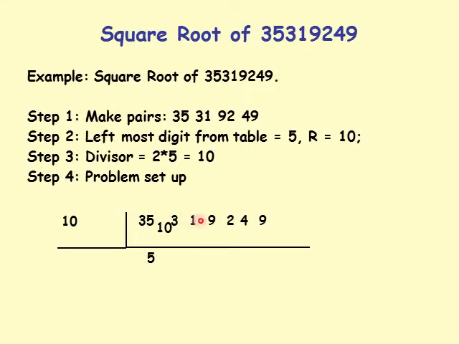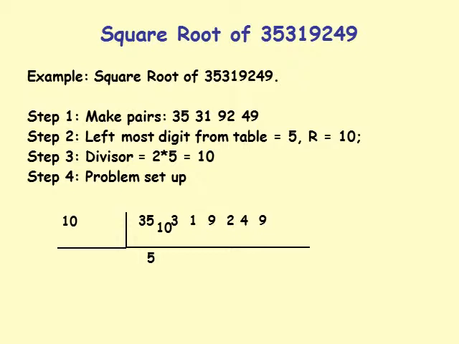Then 3, 1, 9, 2, 4, 9 are the dividend digits we have not used yet. From this 5, I got 10, twice the first digit, as the divisor. And this remainder 10 goes with the next dividend digit to make the next gross dividend, which is 103.